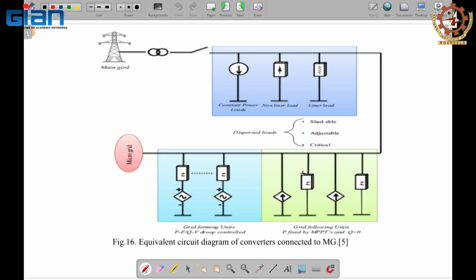Here the other system is being represented by a current source in parallel with the impedance, so appearing like the Norton circuit. Okay. So this way we have got two different converter schemes. One is what we call grid forming, another is grid following.